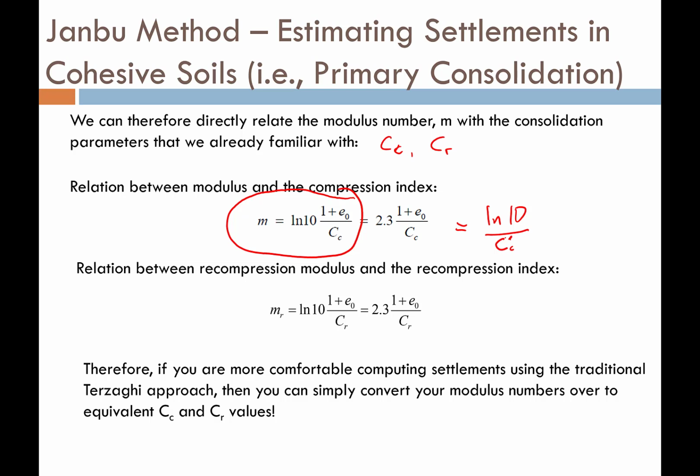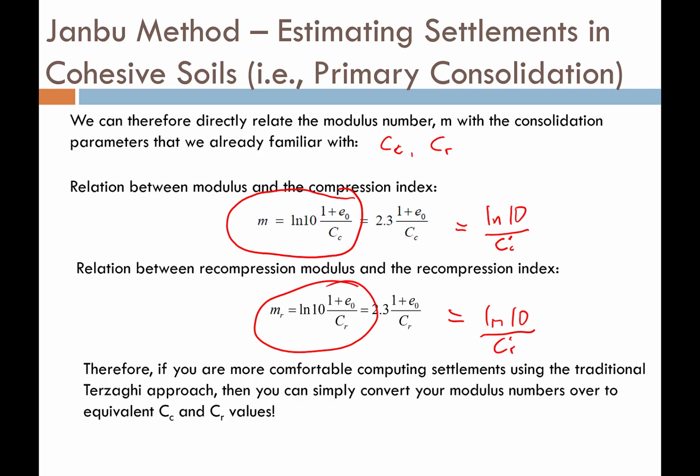And then M sub R, same thing, but now we just have C sub R. So that's simply equal to ln of 10 divided by C sub R prime. Piece of cake.